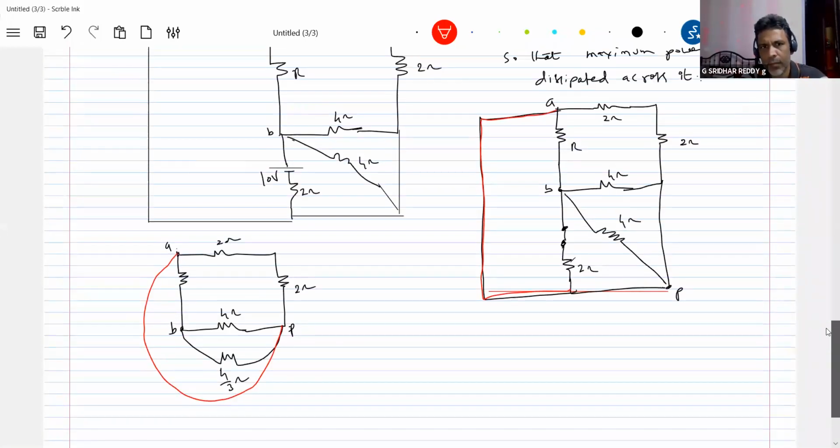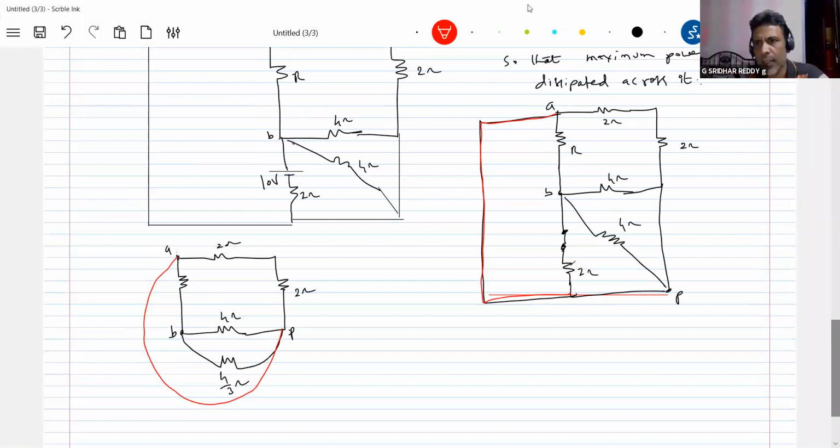I think I'm bringing the total circuit. Now see this: this particular red color wire will extend till here, so I'll extend it. Okay, let it be. Now 4 by 3, 4 ohm.